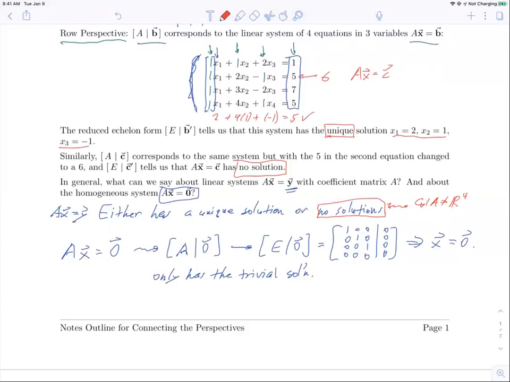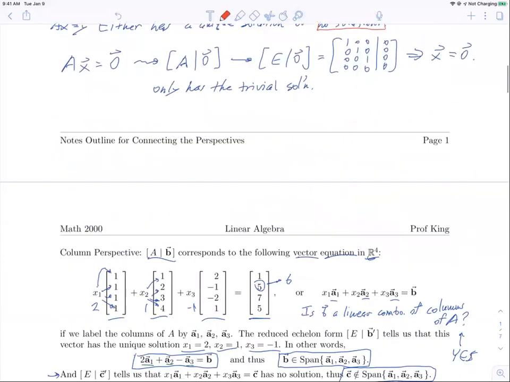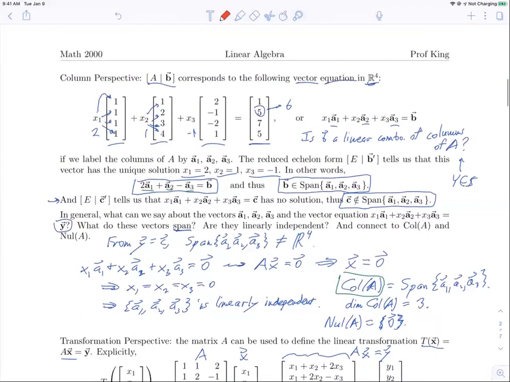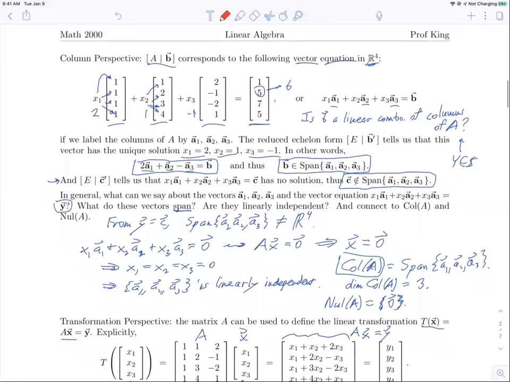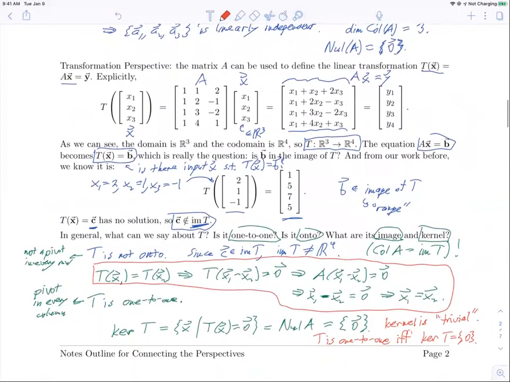There was no way to solve that system of equations, which we changed to the column perspective. That was right here where we said C was not in the span of the columns. And so that was the column space not being all of R4. And that connects to the image not being all of R4. So you can translate things from one perspective to another.